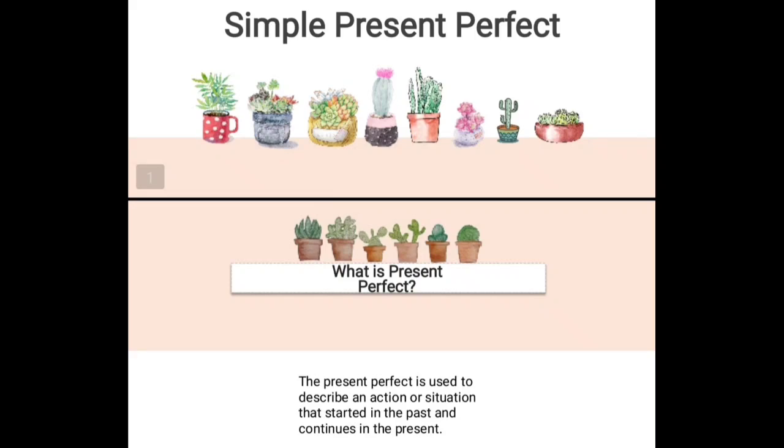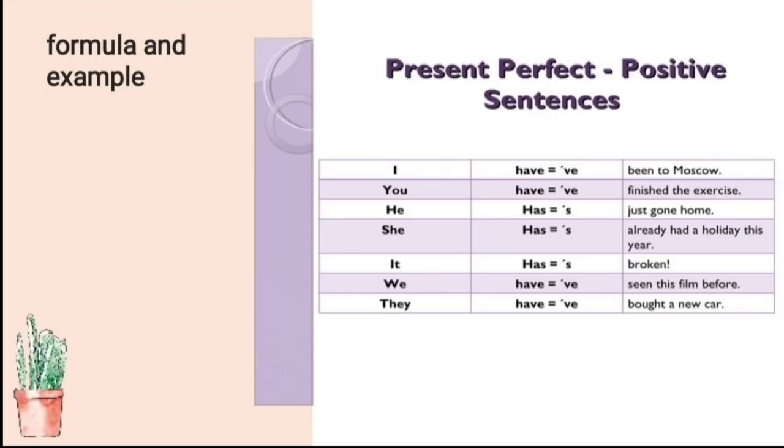Present perfect. What is present perfect? The present perfect is used to describe an action or situation that started in the past and continues in the present. For formula, there are three formula that we can use in present perfect.